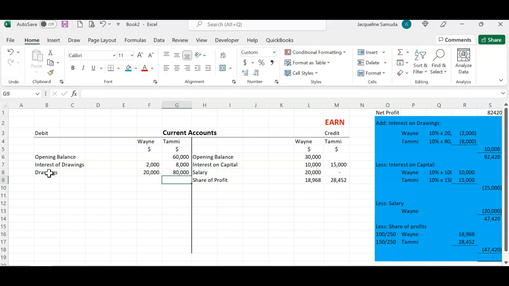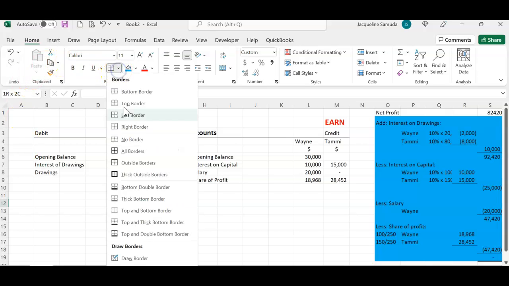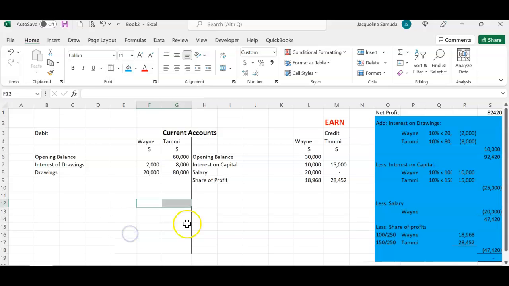So we're going to balance off the accounts to see at the end of the day who owes the business, meaning that they're going to have a debit balance. Who owes the business means that they're going to end up with a debit balance, and who the business owes, which means that they're going to end up with a credit balance. Okay, let's look at it.